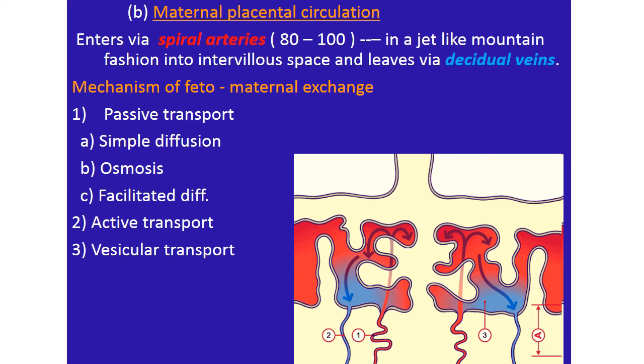Maternal placental circulation consists of 80 to 100 spiral arteries, and they make contact with the intervillous space through the perforations in the cytotrophoblastic shell. This is the perforation in the cytotrophoblastic shell, and these are the spiral arteries.